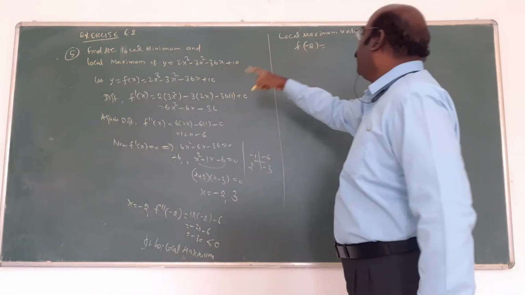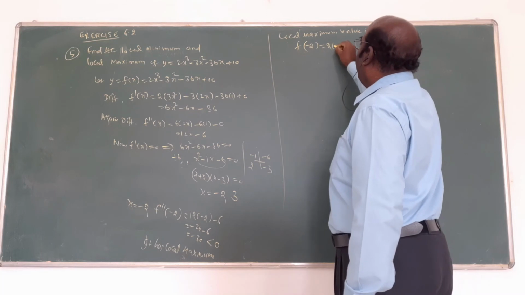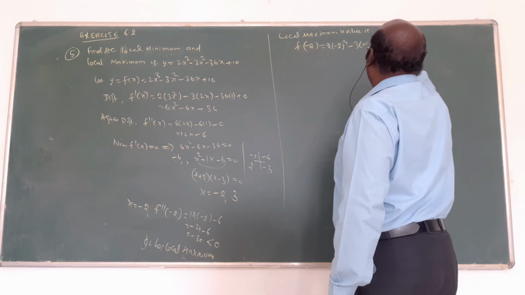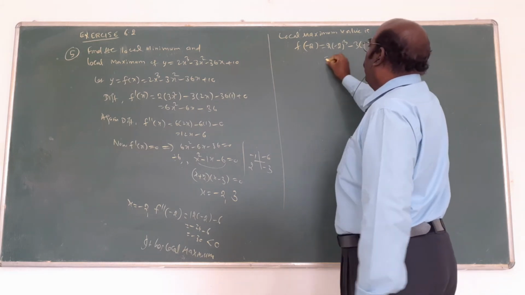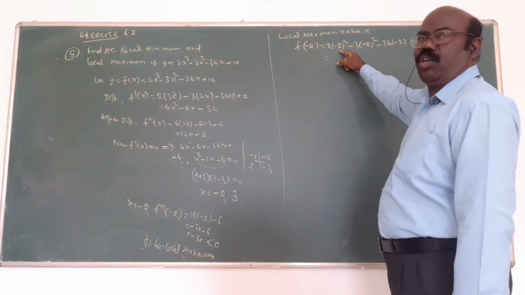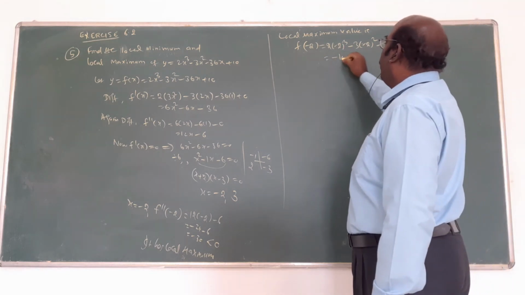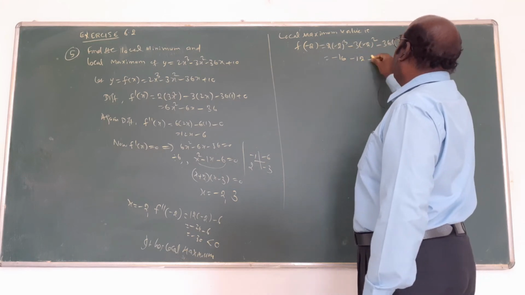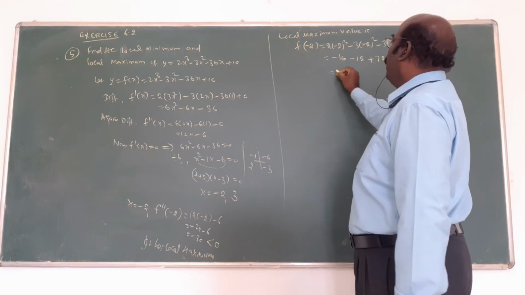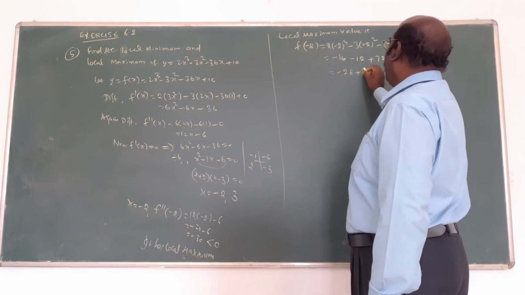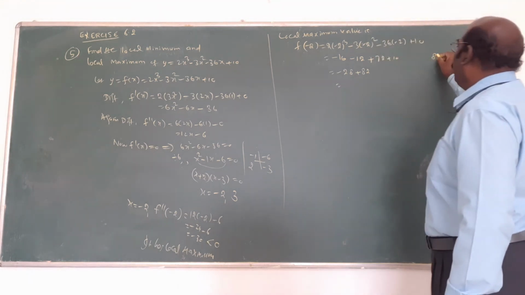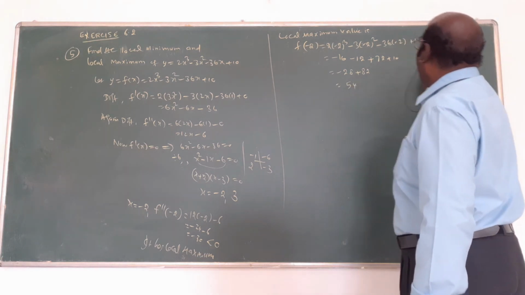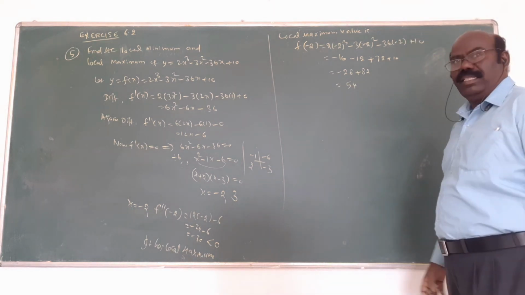Now substitute the x value minus 2 into the given function: 2 into minus 2 whole cube minus 3 into minus 2 whole square minus 36 into minus 2 plus 10. Minus 2 whole cube is minus 8, so 2 into minus 8 is minus 16. Minus 2 whole square is 4, so minus 3 into 4 is minus 12, then plus 72 plus 10. That is minus 28 plus 82, which is 54. 54 is the local maximum.